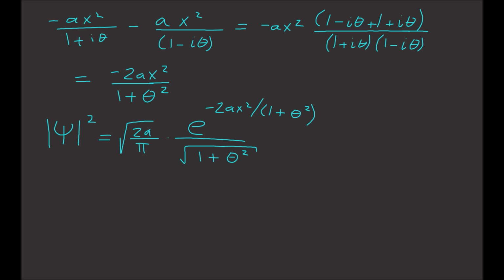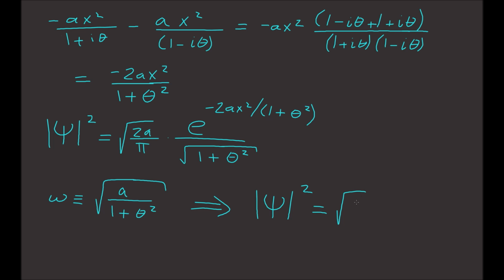So now let's define a new variable so we can understand this quantity. Let's define omega as square root of a divided by 1 plus theta squared. So with omega we have psi star psi equals square root of 2 over pi times omega times e to the minus 2 omega squared x squared.